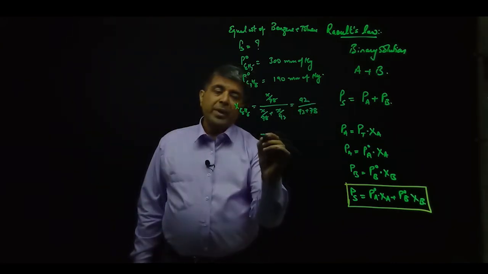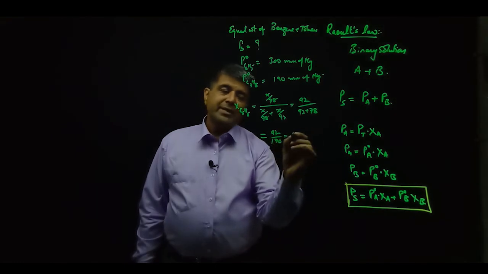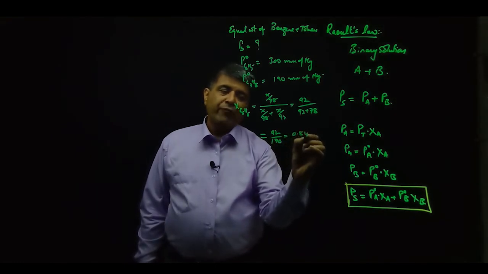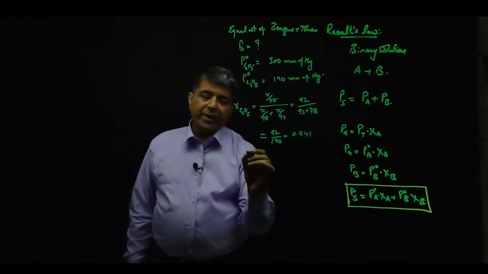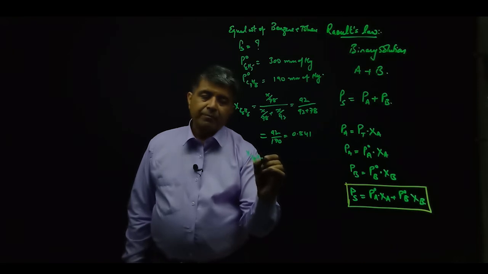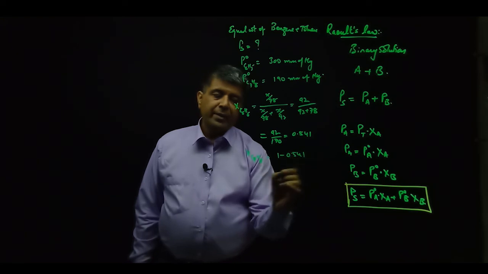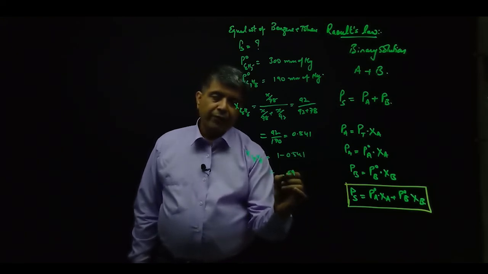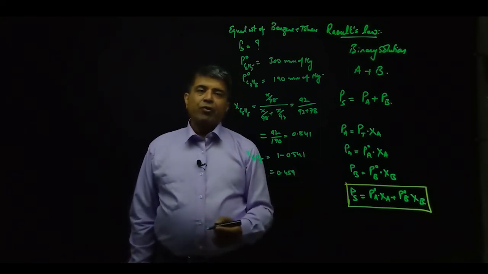So this comes out to be 92 over 170, and solving this it comes to 0.541. So the mole fraction of benzene is 0.541. Therefore the mole fraction of toluene would be 1 minus 0.541, which is 0.459. So 0.459 is the mole fraction of toluene.